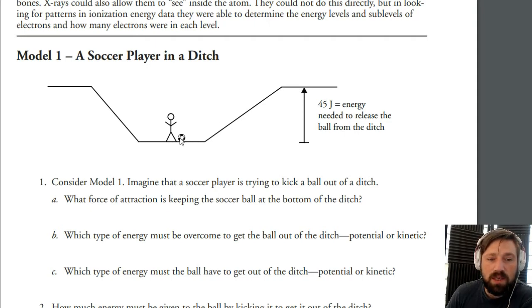Then the ionization energy is the amount of energy I need to put into this ball to get it up. And the potential energy of the atom keeping the electron in the ditch is going to be this negative 45. Anything going down on these energy diagrams, remember, is negative. Anything going up is going to be positive.